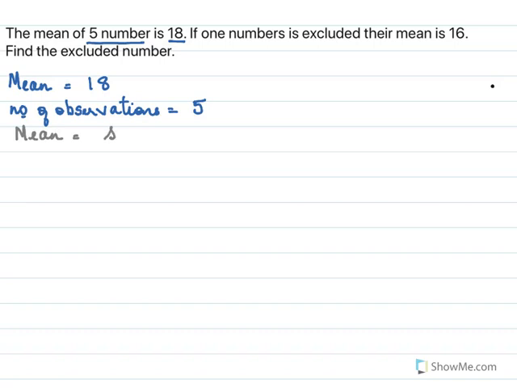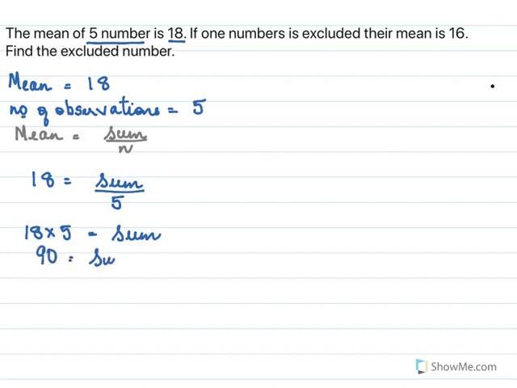So mean equal to sum over number of observations. So mean here we have 18 equal to sum over number of observations 5. So 18 into 5 equal to sum. That is 90 equal to sum. Now this is the sum of 5 numbers.